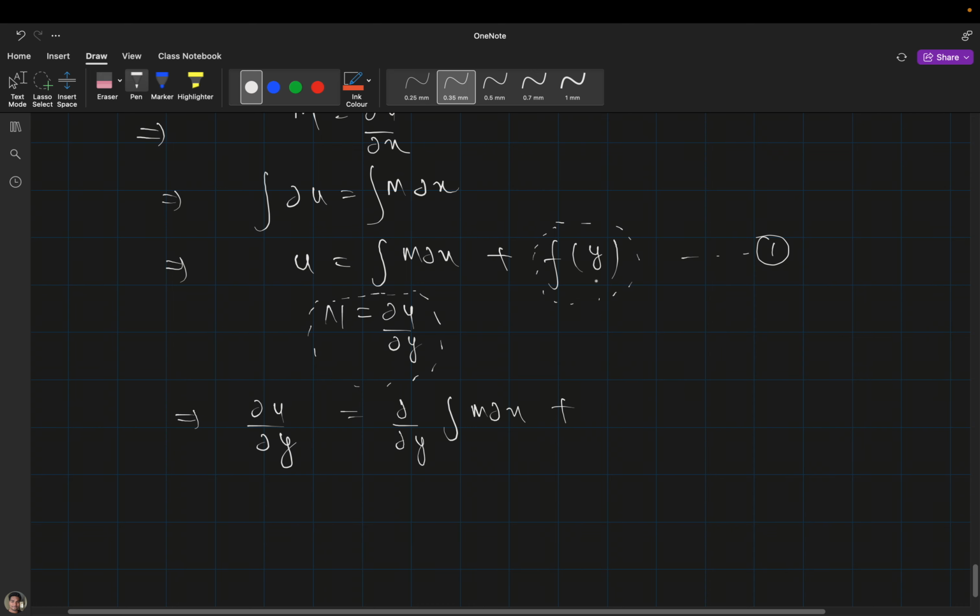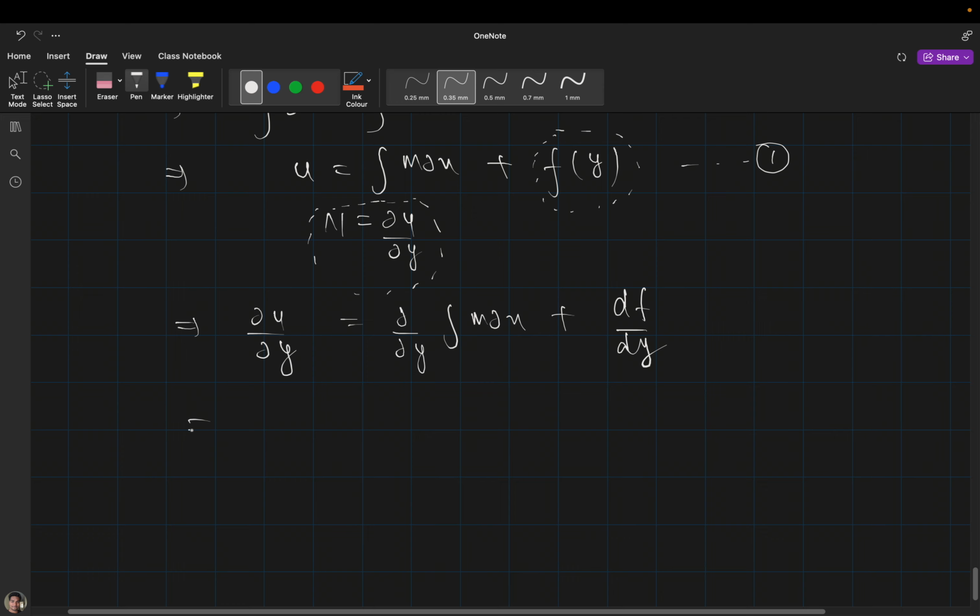Now you can see that it is a differential with respect to y. So what will I write? Del by del y. It's just a function of y, so I can clearly write del f by del y. So del u by del y, which is N, equals del by del y of integral M del x plus del f by del y.